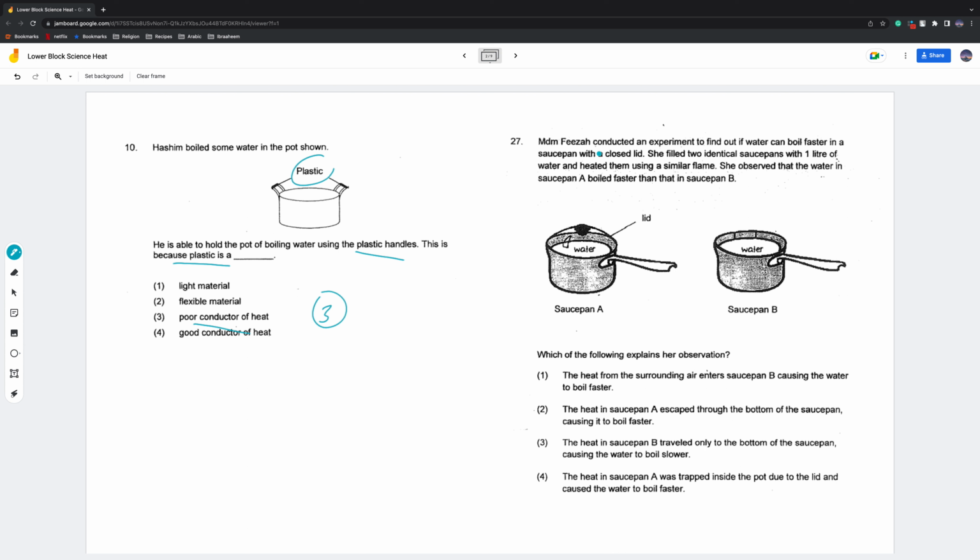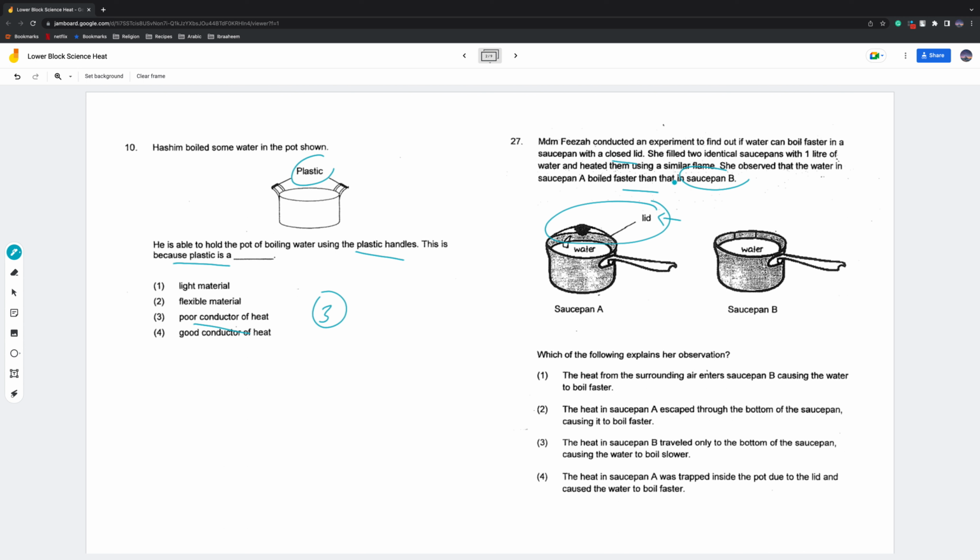Next question. Madam Fiza conducted an experiment to find out if water can boil faster in a saucepan with a closed lid. She filled 2 identical saucepans with 1 liter of water and heated them using a similar flame. She observed that the water in saucepan A boiled faster than in saucepan B. For these kinds of questions, always look for the changed variable, because this is what affected the result.